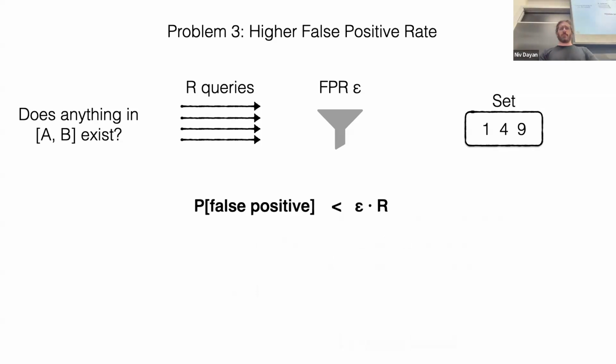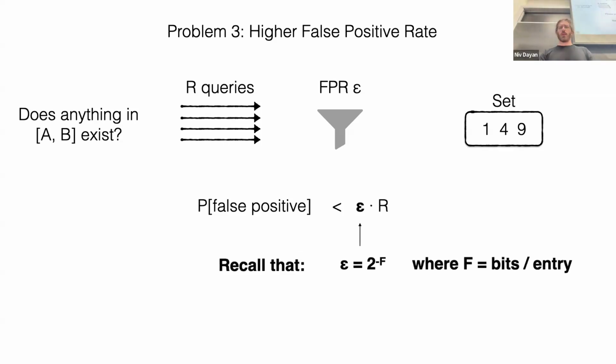Okay, so that's good. So as you can see, this becomes kind of useless if you have a large R, a large query range. Now, recall that this epsilon in something like a quotient filter or a Bloom filter is just proportional to 2 to the power of minus f, where f might be the fingerprint size if we're using a quotient filter or a Cuckoo filter. So now you might ask, suppose that I wanted to cancel out this R term.